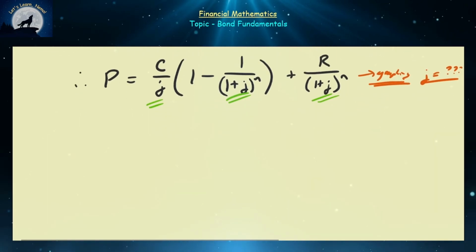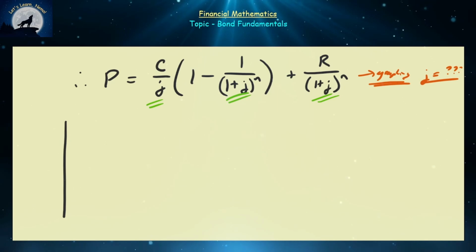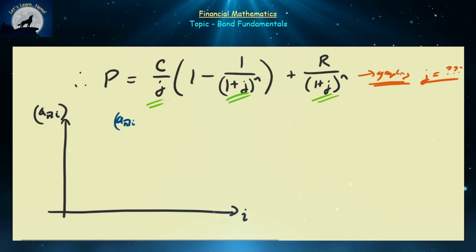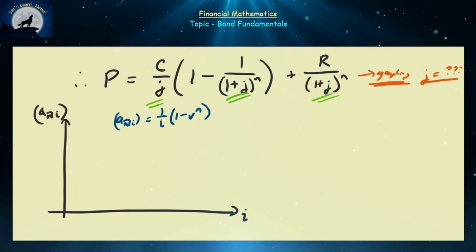But there are a couple graphical things that you should definitely understand when it comes to these matters. So the first thing that I want to look at is the effective interest rate versus the present value of an annuity immediate. So you should already know the equation for a angle n. Keep in mind a angle n is just going to be equal to 1 over i times 1 minus nu to the power of n. As n goes to infinity, nu to the n goes to 0, so you're just going to be left with 1 over i.